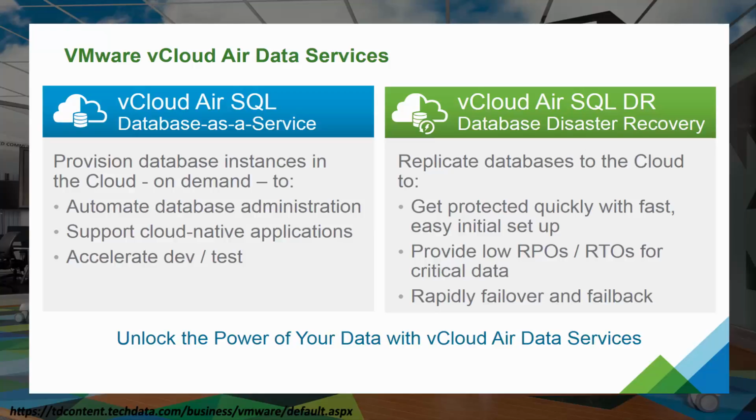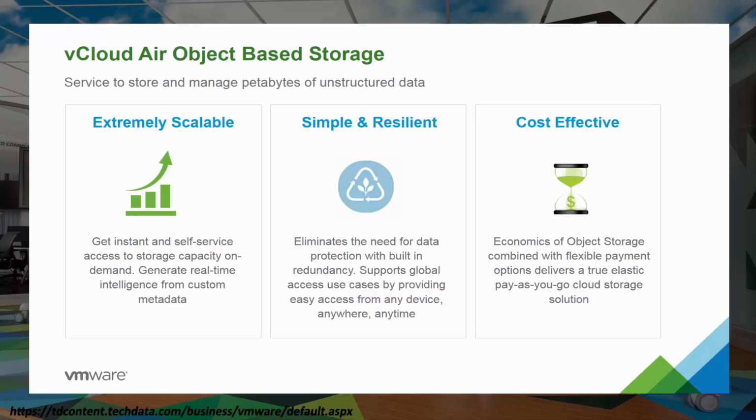Our second complementary offering is SQL Disaster Recovery, or DR, the first database disaster recovery solution for on-premise databases, and it's replicated to managed cloud instances. vCloud Air SQL DR provides continuous asynchronous replication of on-premise databases to vCloud Air, which also allows customers to maintain low recovery objectives, all delivered through an easy-to-use service that provides rapid failover and failback features for your SQL databases.